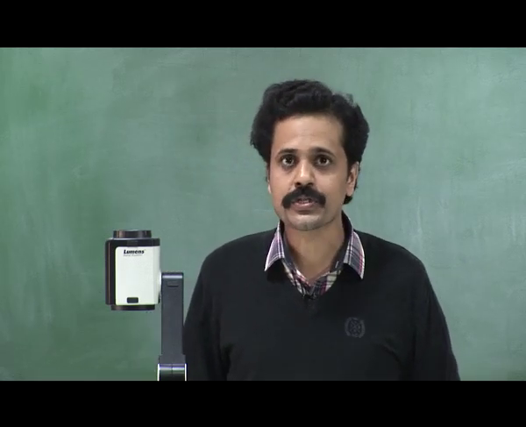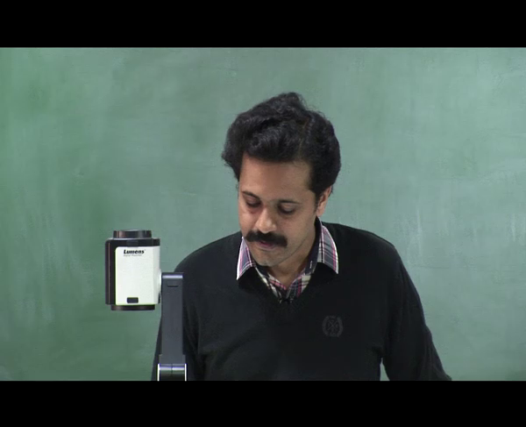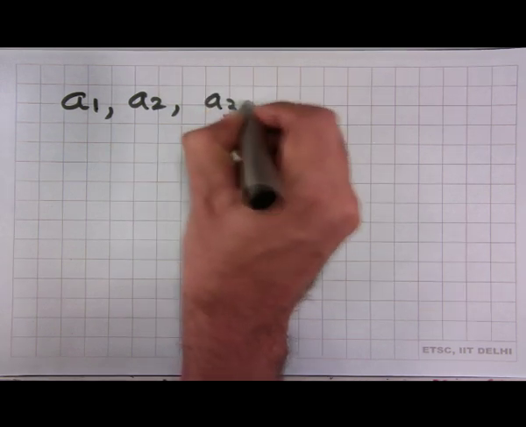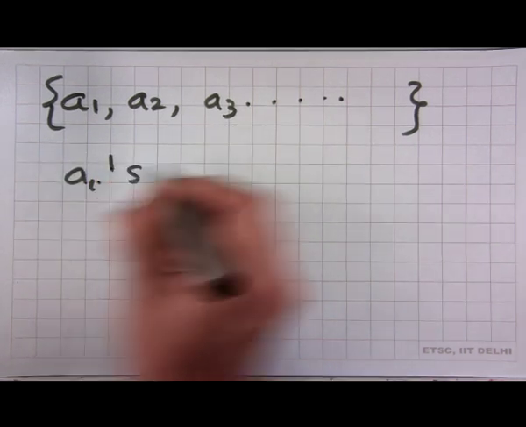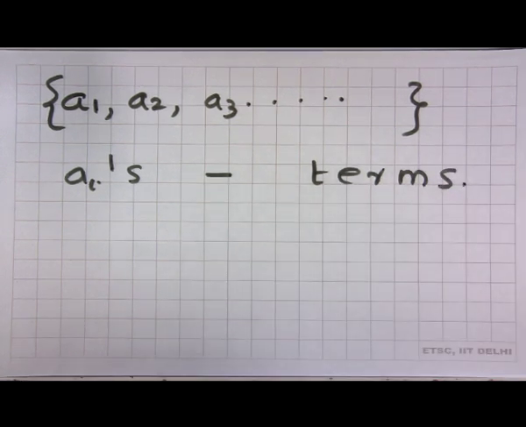Recall the notion of a term of a sequence. If you have the sequence a_1, a_2, a_3, and so on, the elements a_i are called terms. There may be circumstances where we want a sequence with a finite number of terms.